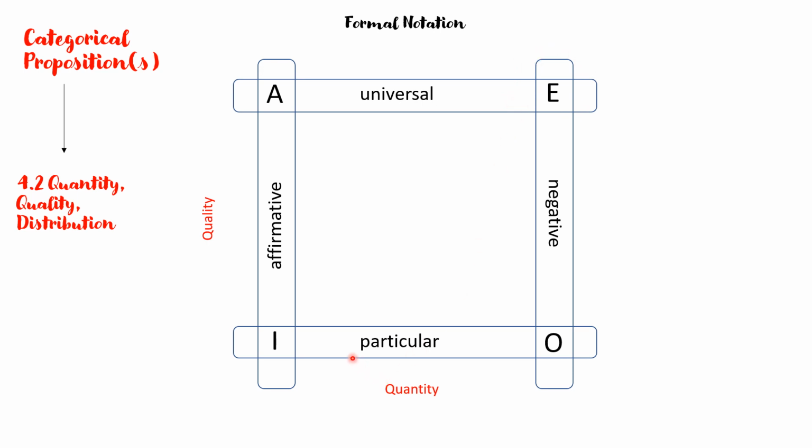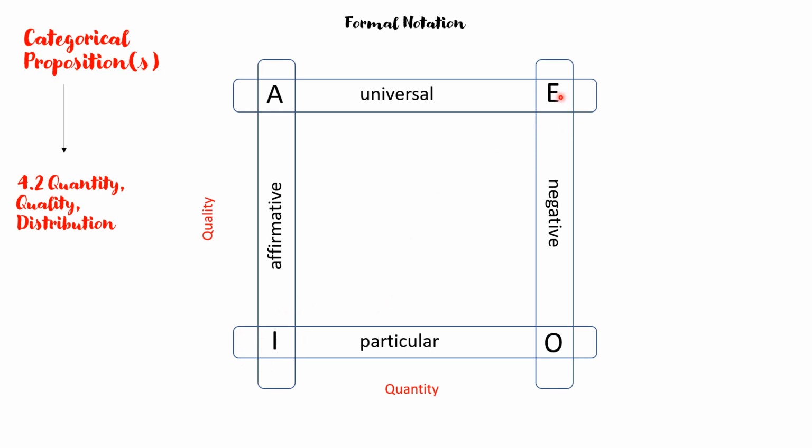By virtue of their quantity also, below we have particular propositions. We have particular affirmative propositions and particular negative propositions. With regard to their quality, they can be expressed affirmatively and negatively. So there are affirmative propositions, namely A propositions and I propositions.